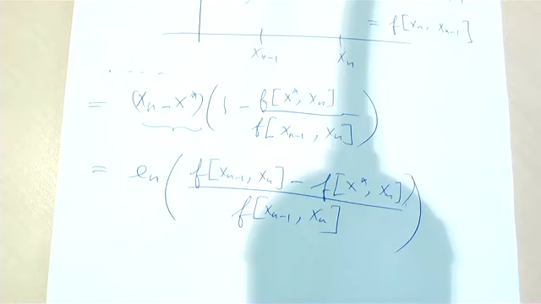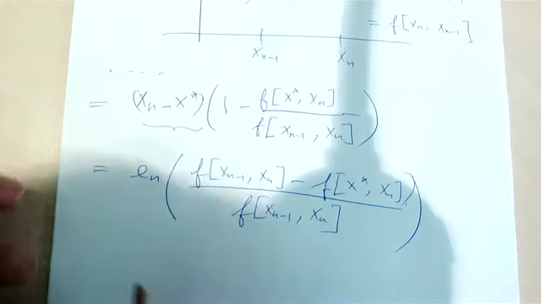You multiply by xn minus 1. Actually, from here to here, it's a combination of two steps. First, you just cross multiply this to get this over this. But then you have to multiply and divide by xn minus 1 minus x star and divide by xn.